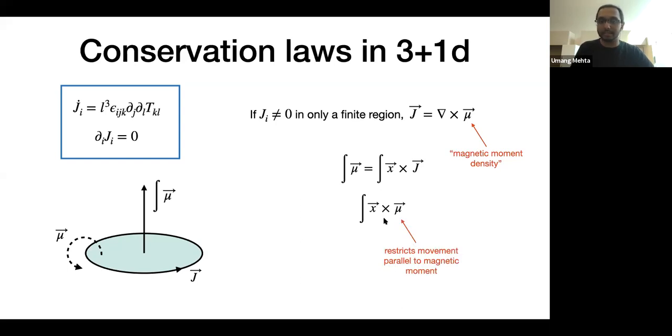In particular, this second conserved quantity restricts the movement of whatever loop excitation you have to be parallel to the magnetic moment. So this loop of J can only move parallel to the integral of mu and not perpendicular to it. So we do observe this sort of restricted mobility that is characteristic of fractonic systems.